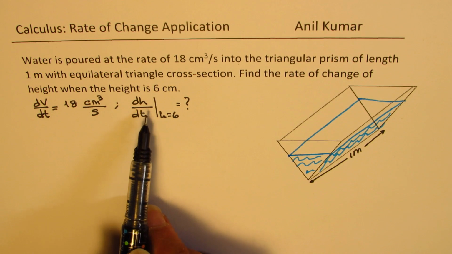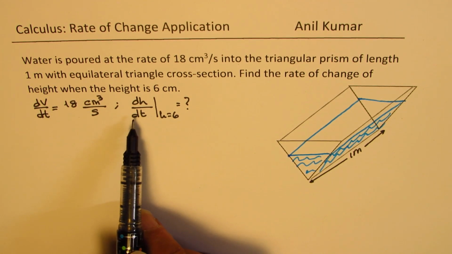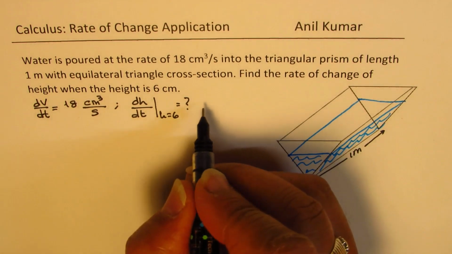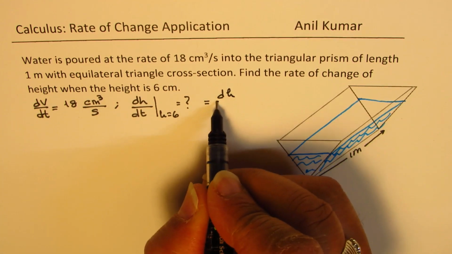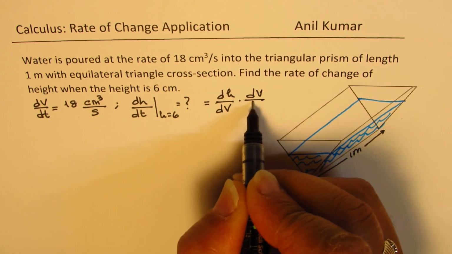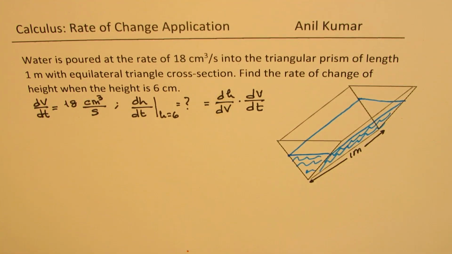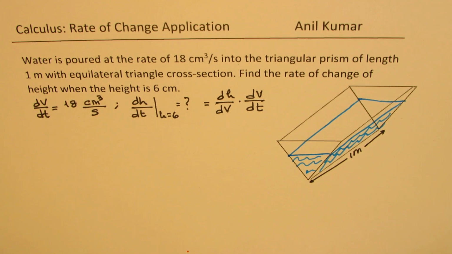Relating volume with height, we could find it by finding dH/dV times dV/dt, right? So that is the strategy. By chain rule, you can find rate of change of height with respect to time. That is the strategy you need to apply to solve this question.